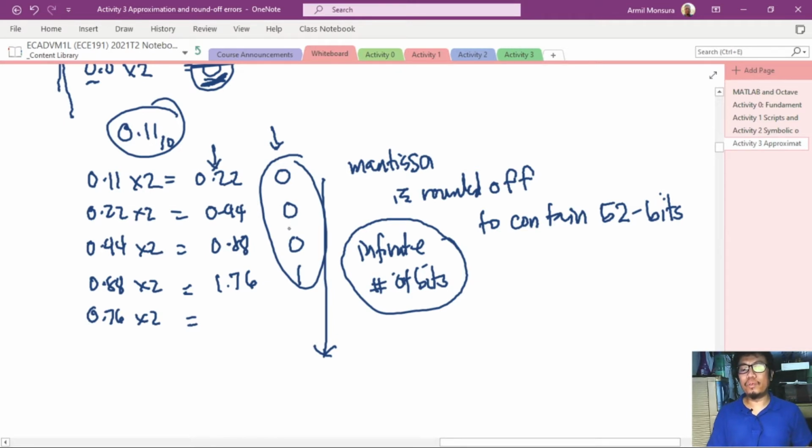And for you to represent that infinite number of bits in a finite memory, you should just use a finite number of bits. So for you to do that, you really have to cut off some of the bits.